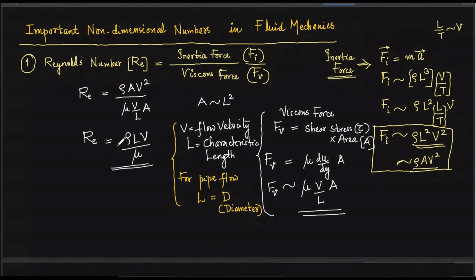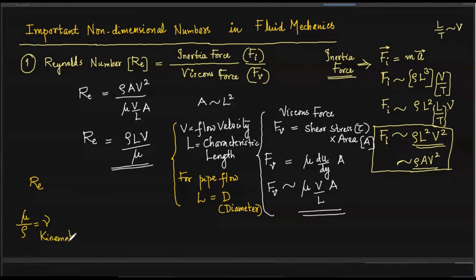Okay, so Re, and now this Reynolds number can be written using mu by rho, the absolute viscosity divided by mass density, which is equal to the kinematic viscosity. This is nu, the Greek letter nu, which we know already.